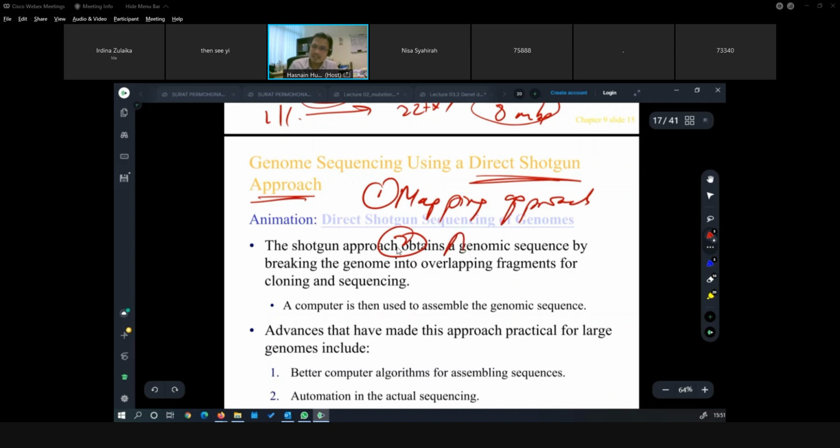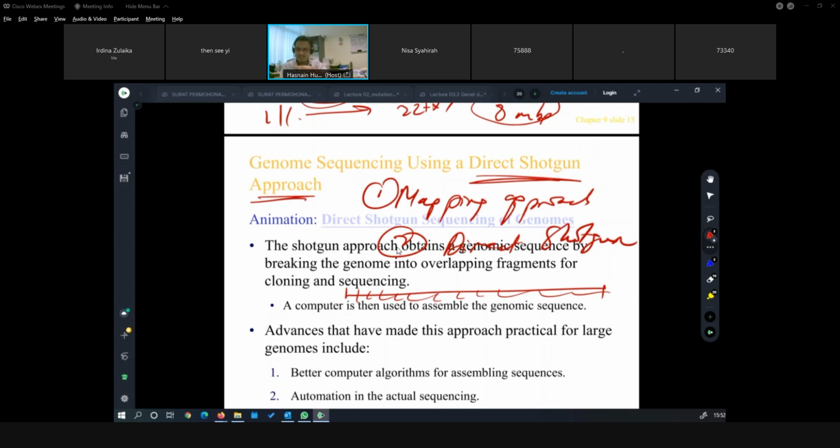You have to remember the mapping approach is a very specific method. But with direct shotgun, you cut into smaller pieces, and then you sequence randomly.